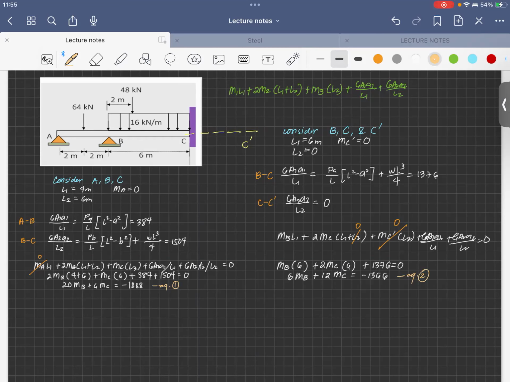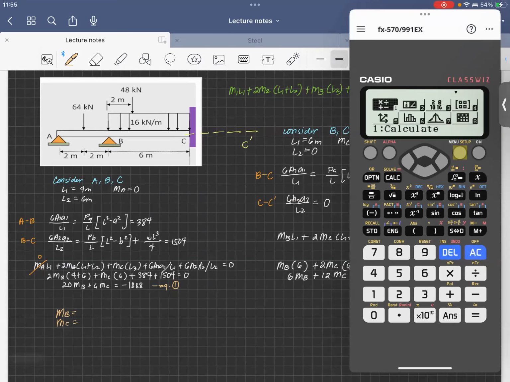Then again, with equation 2 unknown, we will arrive with a correct answer. So, using the 2 equations 2 unknowns, magiging sagot natin MB. Let's use the calculator. So, 2 unknowns. So we have 26, negative 1888.